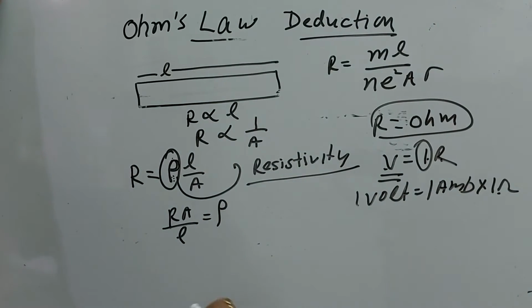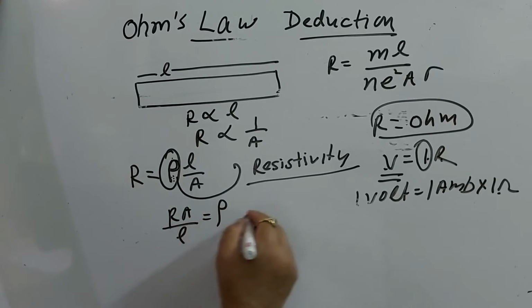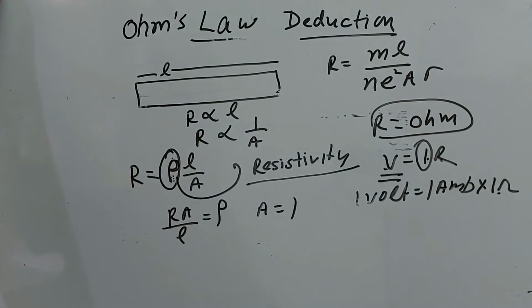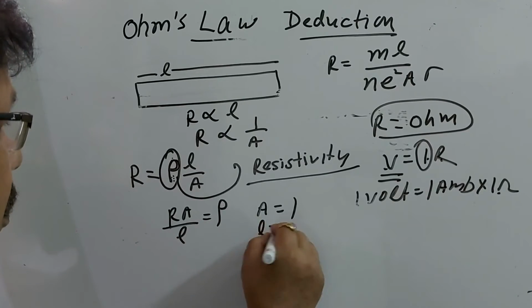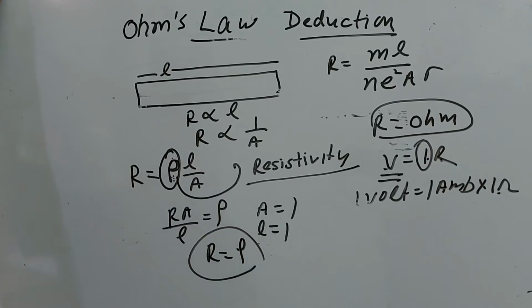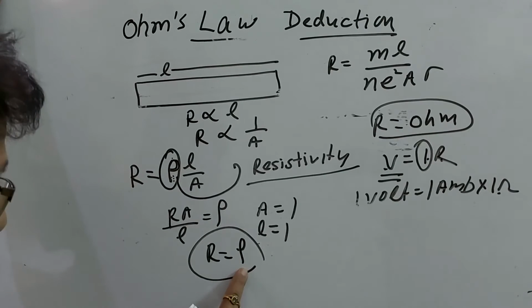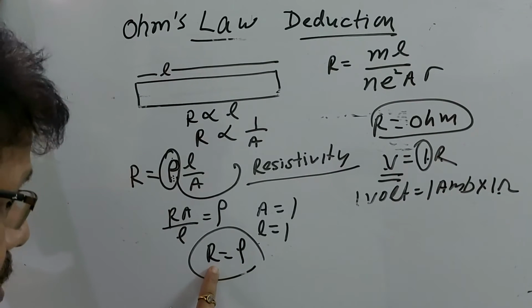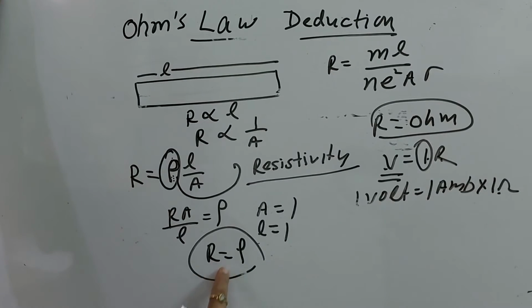This is 1 ohm. Now in this case, RA by L is equal to rho. So if we make A 1 and L also 1, R will be equal to rho. So we can say the resistivity of a conductor is equal to its resistance when it has area of cross section equal to 1 and length also 1.